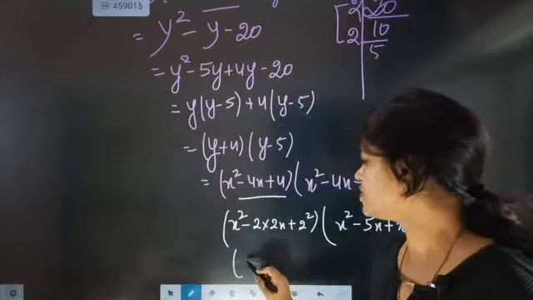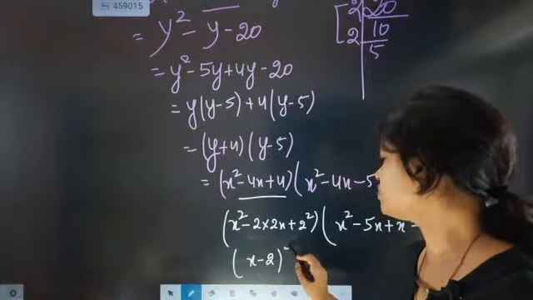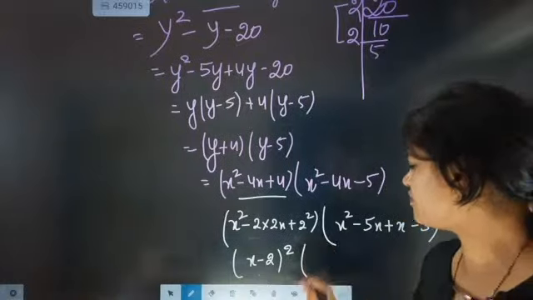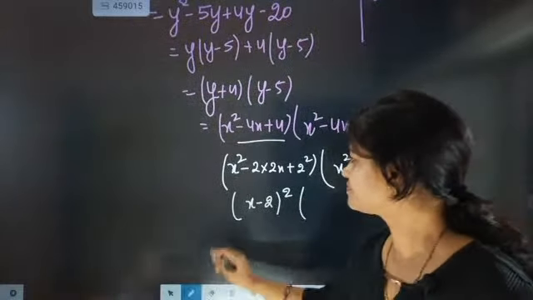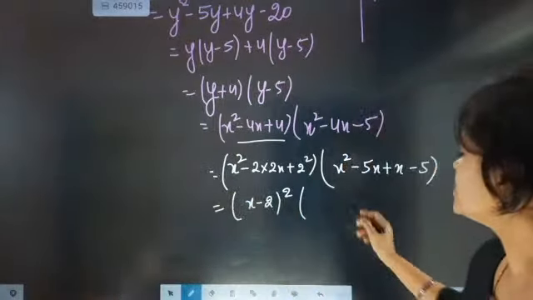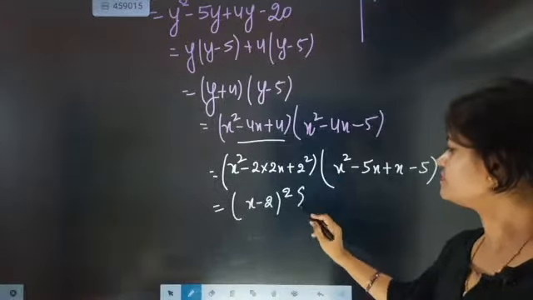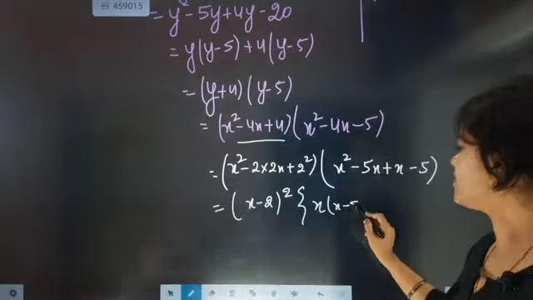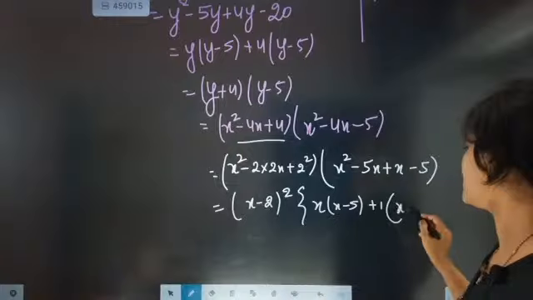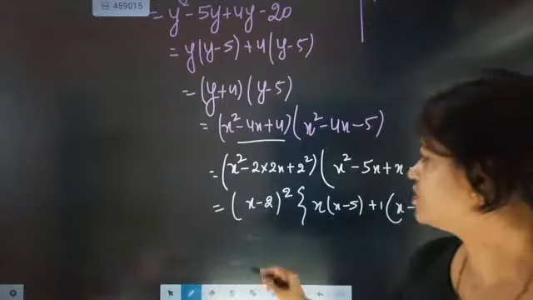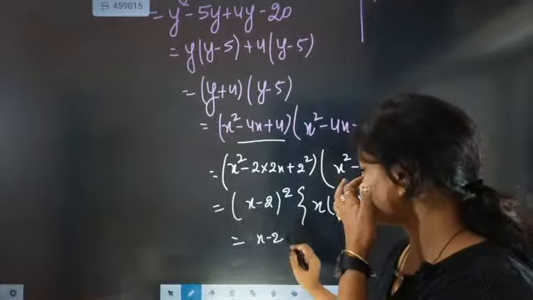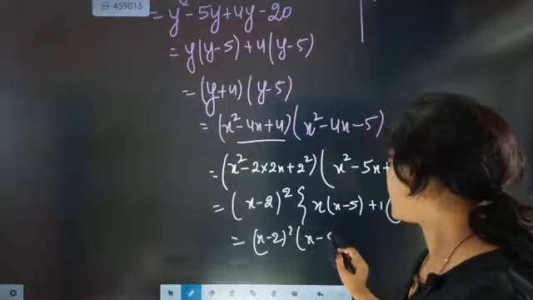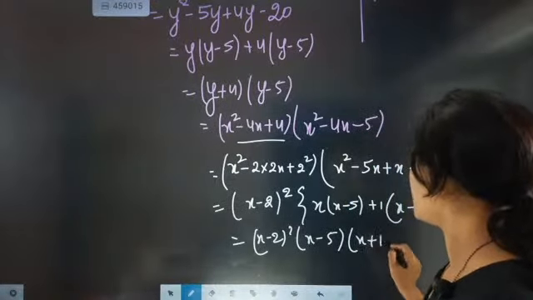So this will become x minus 2 whole square, and this one will become x minus 5, x plus 1. So it is coming as x minus 2 whole square, x minus 5, x plus 1.